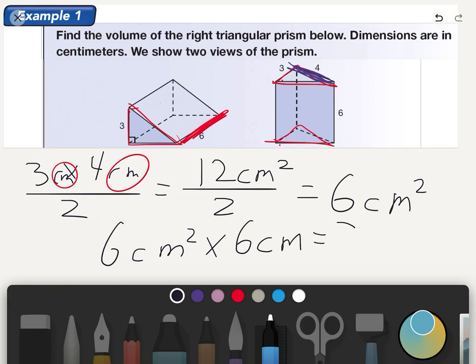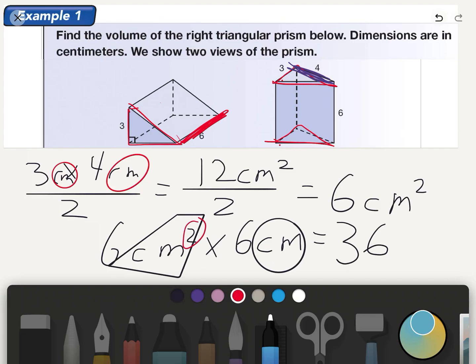So that gets us 36, and then we're going to add this unit and this unit, well, multiply them, which is essentially adding the exponents. And we can think there's an imaginary one there. So 36 centimeters to the third power, 36 centimeters cubed.